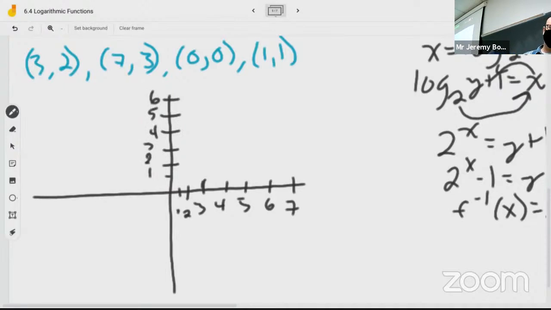We don't have any negative values, so I don't think we need to do anything. So let's see what we get, and we'll see if we have enough. So the first point, 3, 2. So x is going to be 3, y is going to be 2. Put a point right there. Next point is 7, 3. That's going to be x 7, y 3. We got 0, 0. And we got 1, 1.